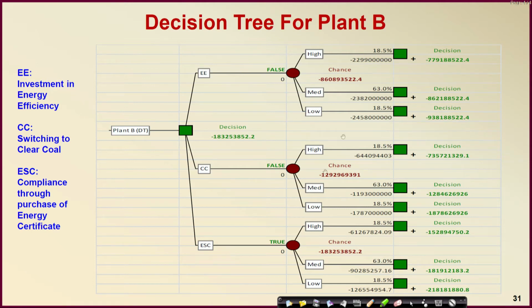Then you can see, depending on the high, medium or low market situations, what are their different gains. You can see under all situations they are in the negative, but the lowest values are actually obtained here, just see minus 18, whereas this value is as high as minus 77.